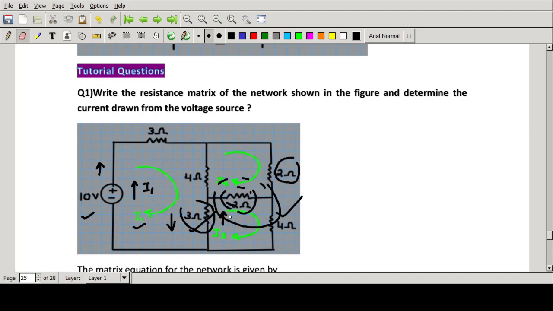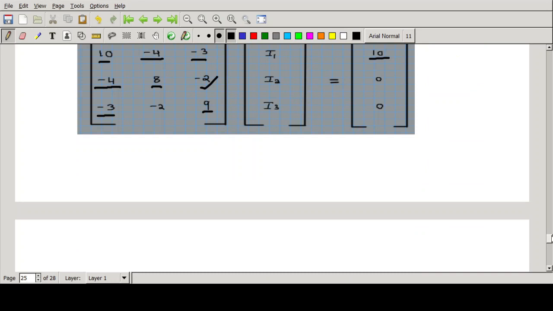A very important thing is that you have to be very thorough with the active and passive sign convention. If you go wrong in that, then you will make everything wrong. So that part you have to be very careful. Okay, after we get the resistance matrix, we have to find the determinant.